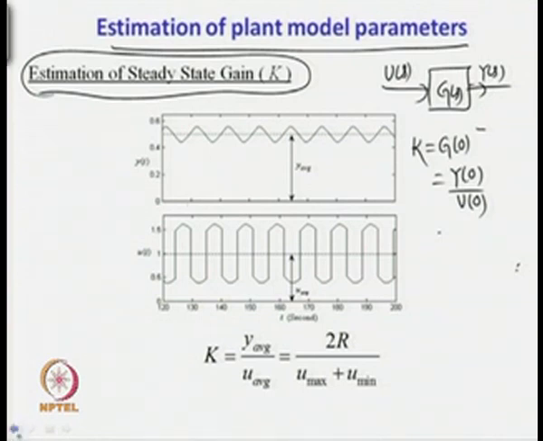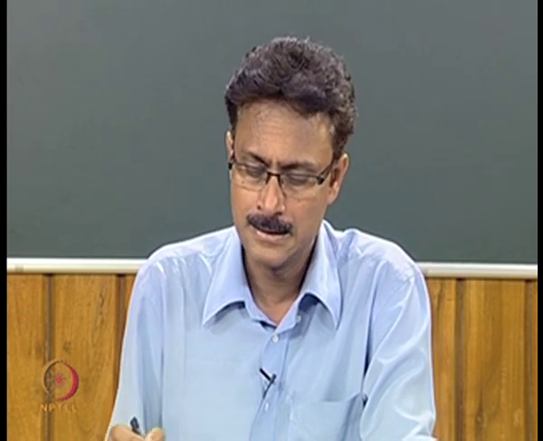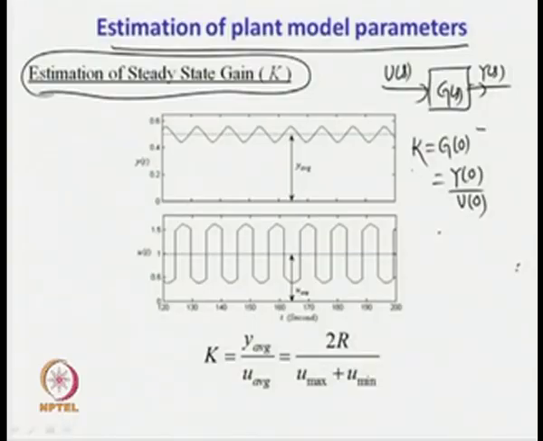As you have seen from the typical output you get during the relay test, using this information and using the input to the system at the time of relay test, using both pieces of information, it is possible to estimate the steady state gain.